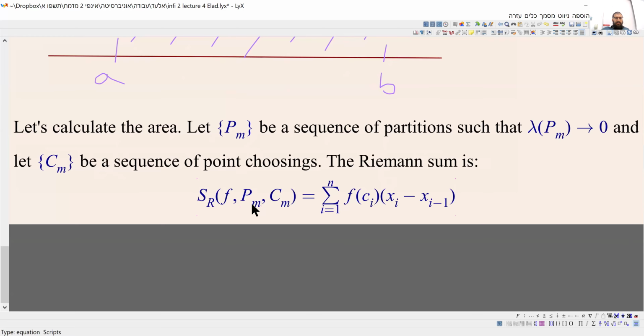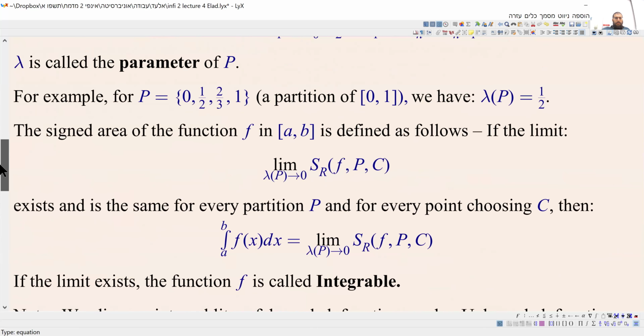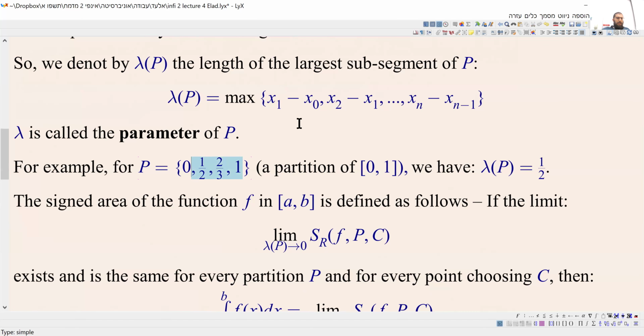As I mentioned, m is the index of the placing of the partition in the sequence of partitions, and n is the number of elements in every partition. Let's say, for example, we looked at the partition 0, half, 2/3, and 1. This can be partition 1.